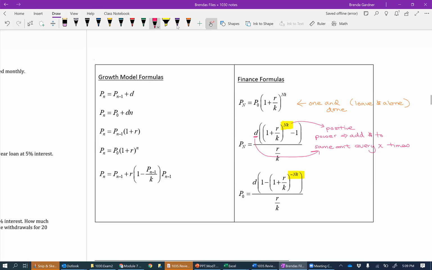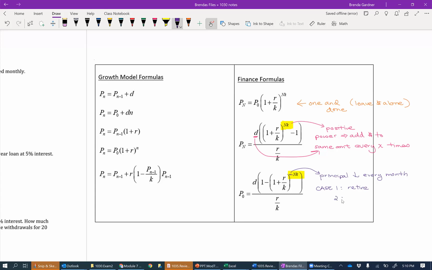The third formula, again, you're going to focus on the negative there. That means that the principal is decreasing every month. This happens in two cases. It happens if I retire and I'm taking money out every single month, so the amount that I have in the account goes down every month.